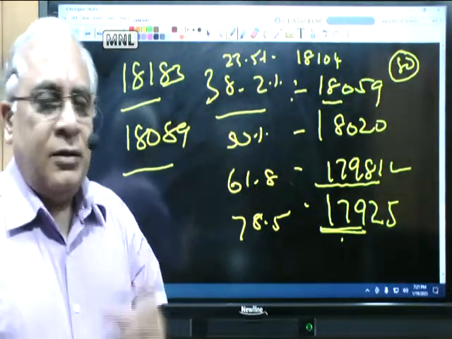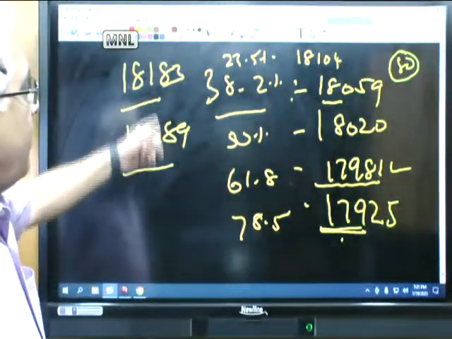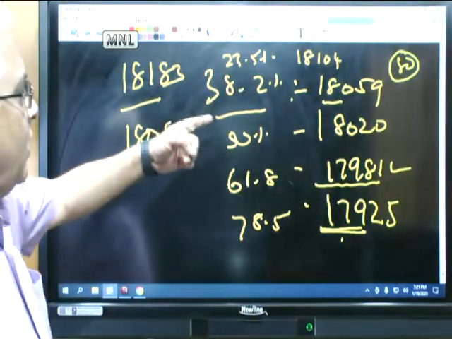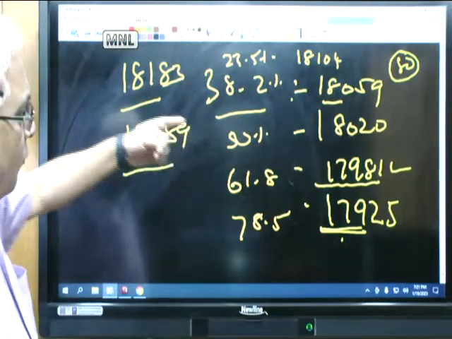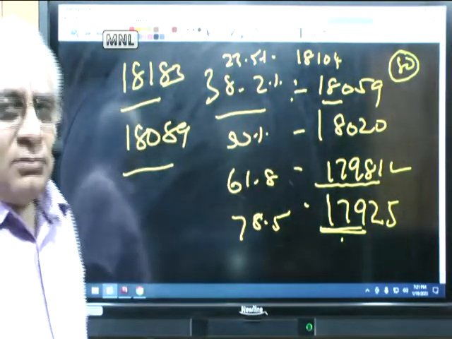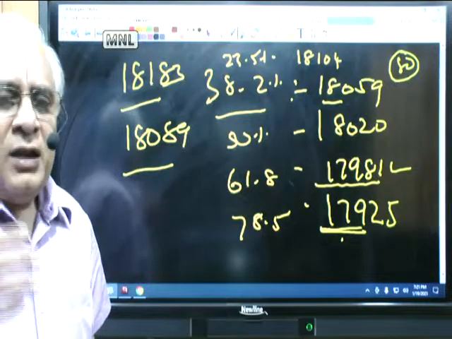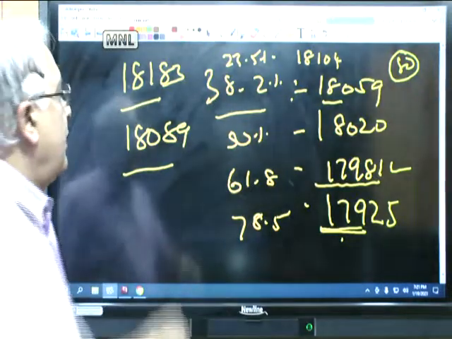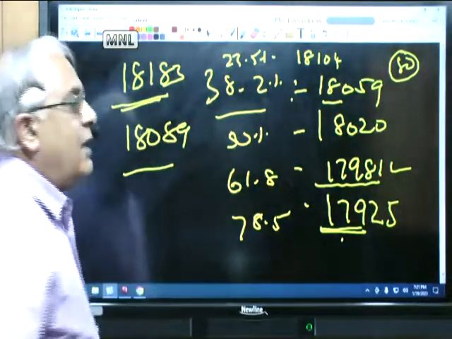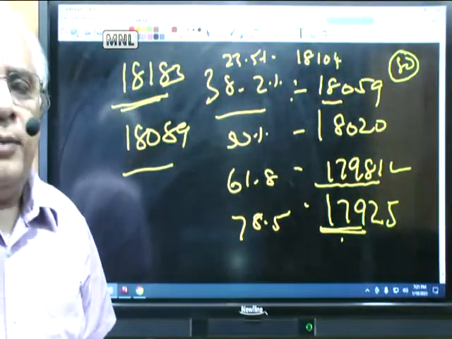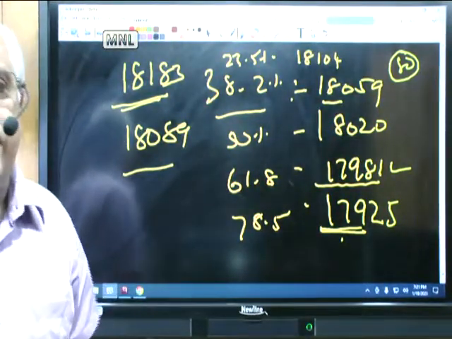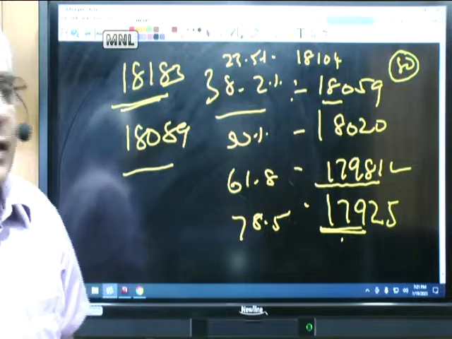Now 18,183 and today was 18,059 or 60, right? Once it started to cut these 18,070, 80 levels, we can say it has probably made a peak, and we can assume 18,183 to be a peak for the time being.